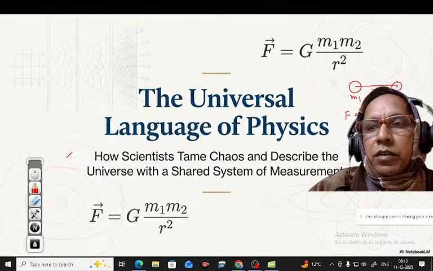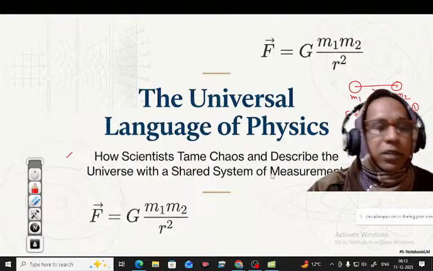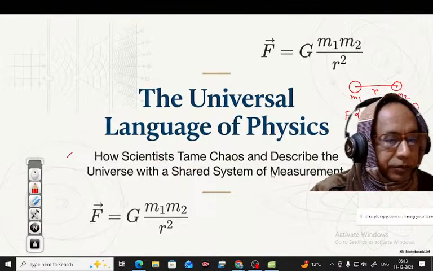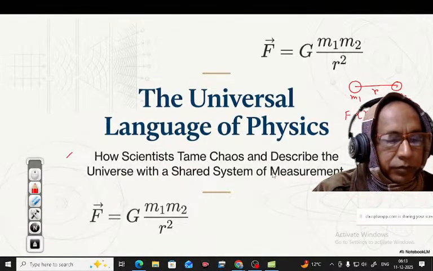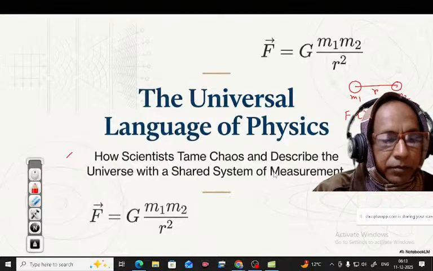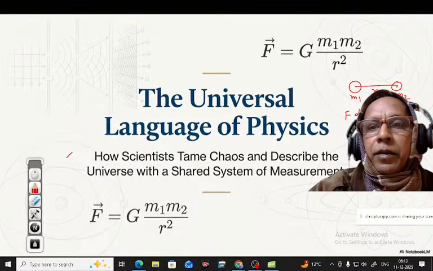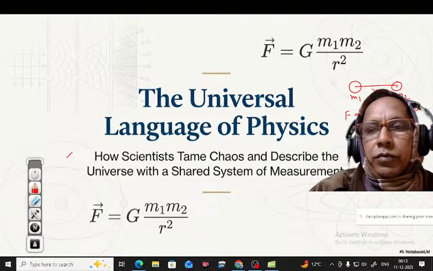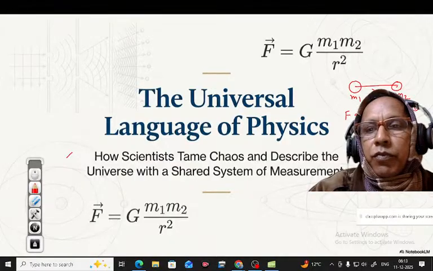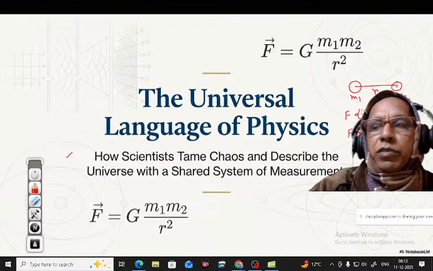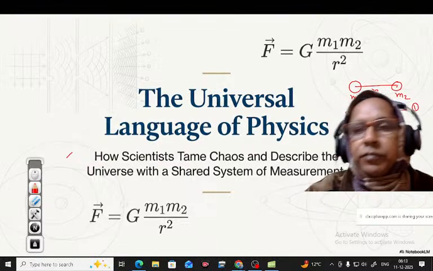This is equation 1, according to the universal law of gravitation. We find that F is also directly proportional to 1 by r square, the square of the distance between the two point masses.